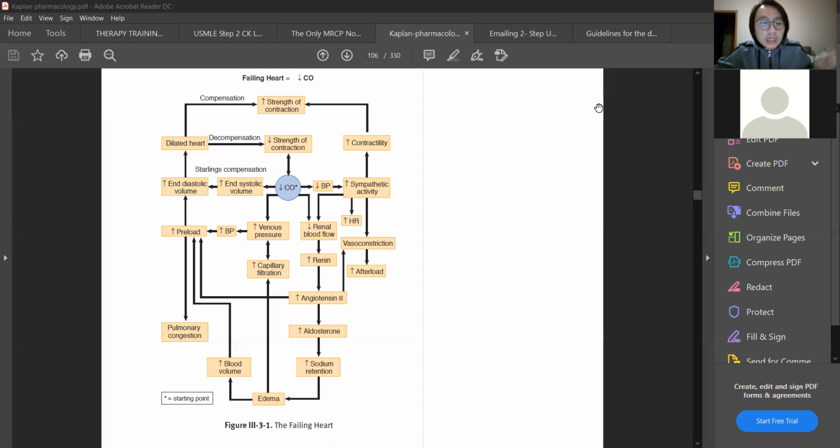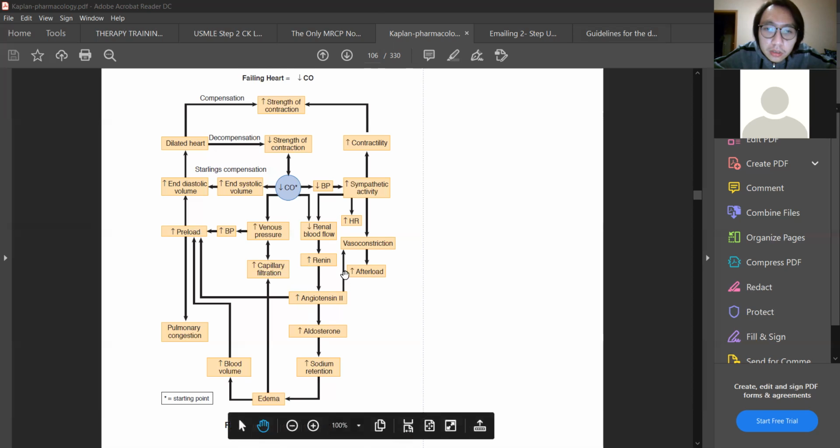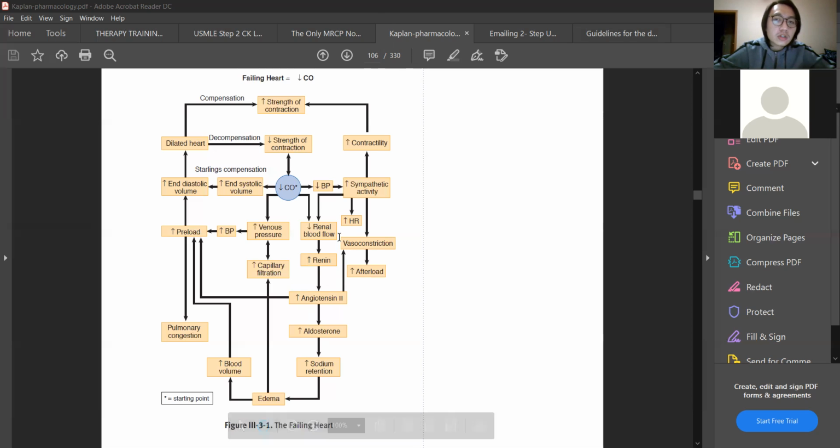So your neurohormonal mechanism of heart failure, we talked about the renin-angiotensin-aldosterone system. Let's see where it is here. Here, see renin-angiotensin-aldosterone system. So what it does is that your angiotensin 2 will be increased too. Your renin, we talked just now, your aldosterone will increase.